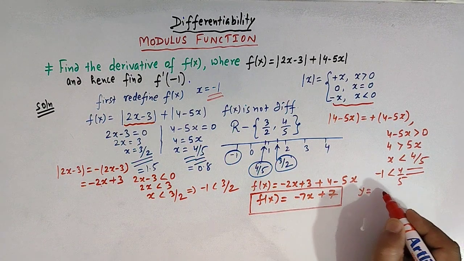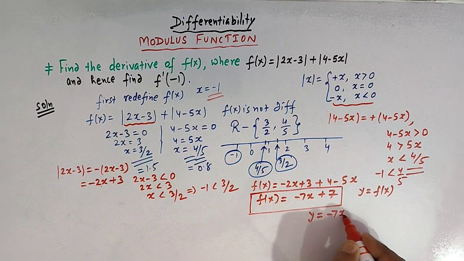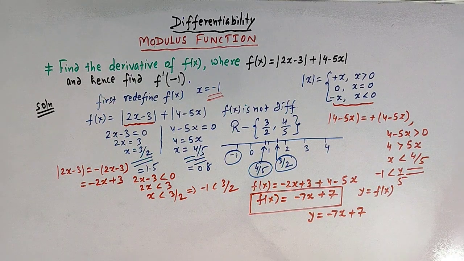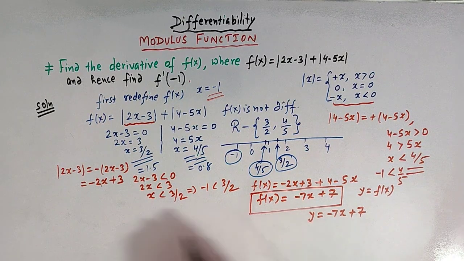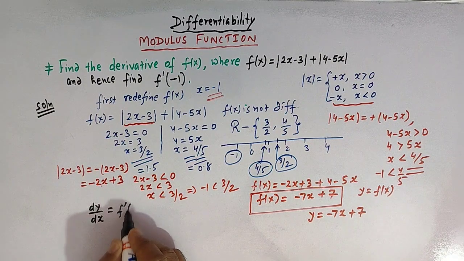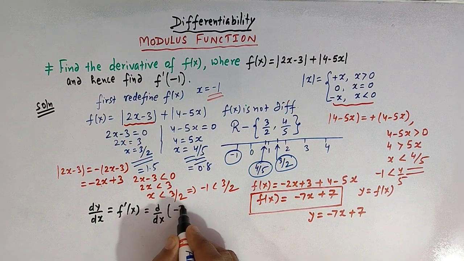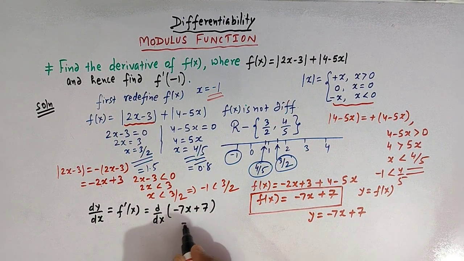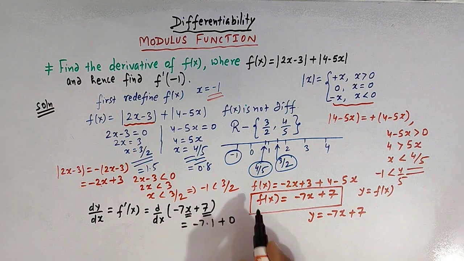Now if we take the function as y is equal to f of x, then y can be written as negative of 7x plus 7. Now let us differentiate y with respect to x. So dy over dx, which is equal to f prime of x, is equal to d by dx of minus 7x plus 7. That is equal to minus 7 times 1, because the derivative of x is 1, and here we have 0, 7 being a constant, the derivative of 7 is 0.